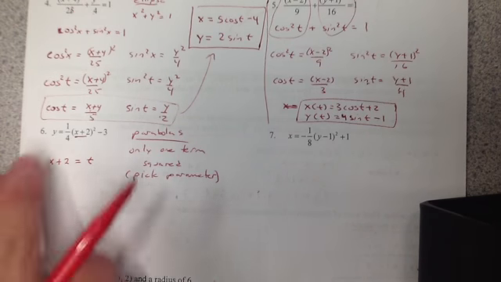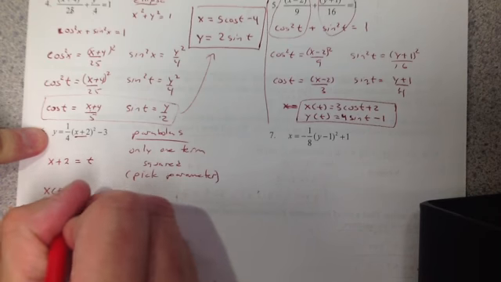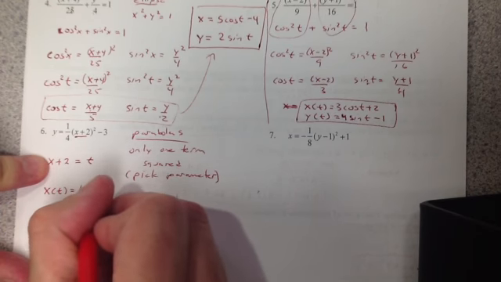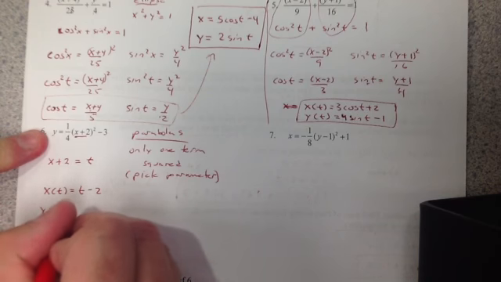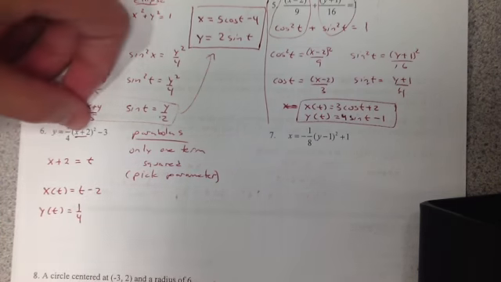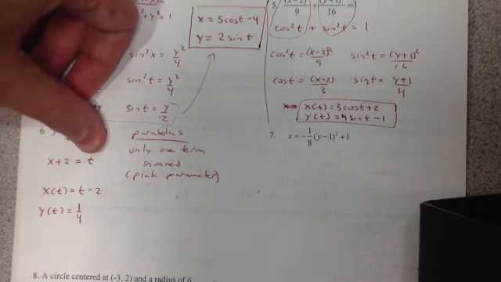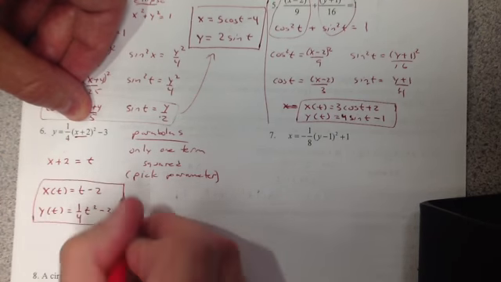Okay? So if I let x plus 2 be t, x of t then is just t minus 2. Well, how would I get y? Y of t then would be very simple. 1/4. Well, what did we just say x plus 2 was equal to? T. T squared minus 3.